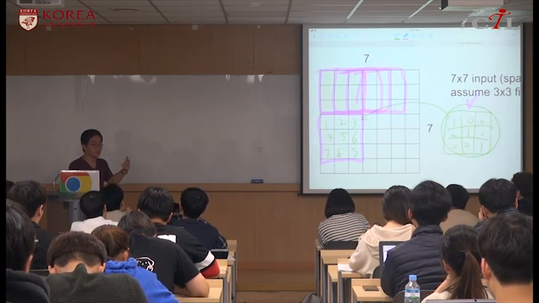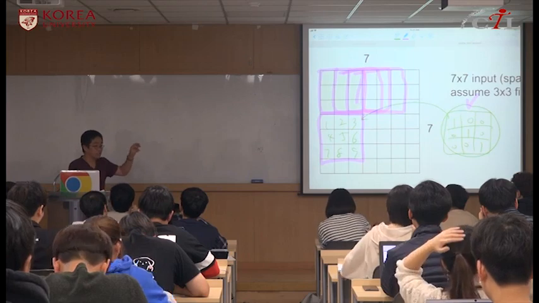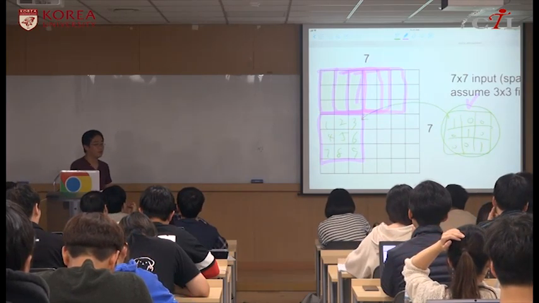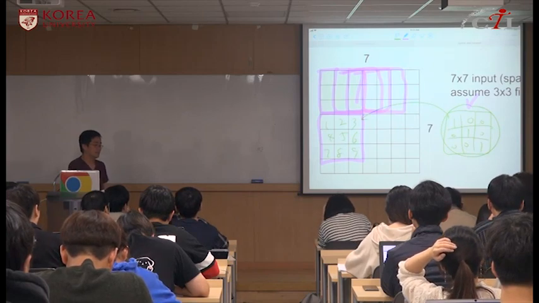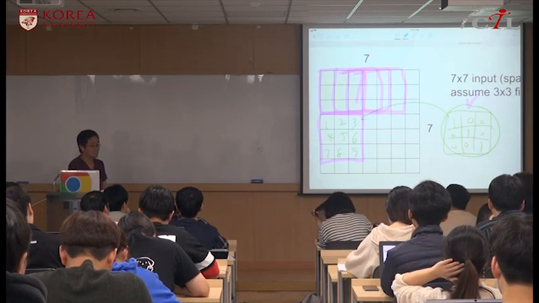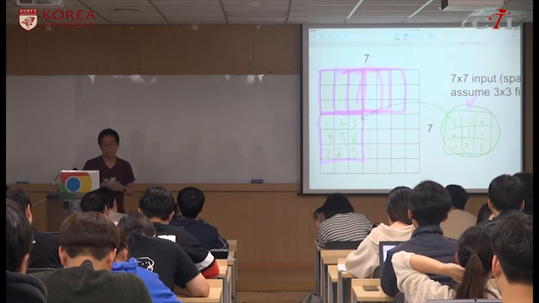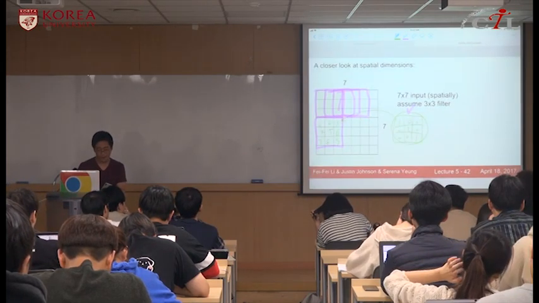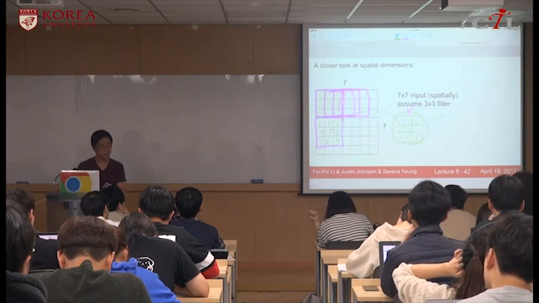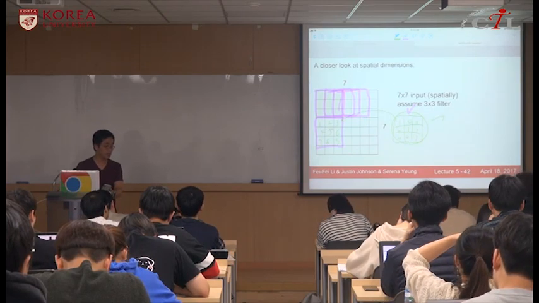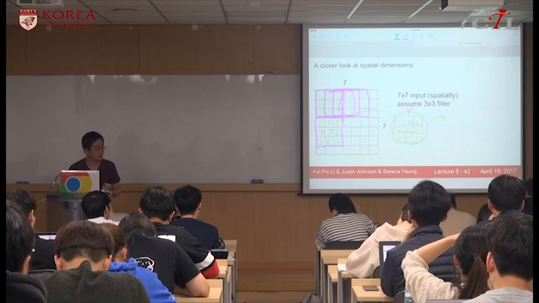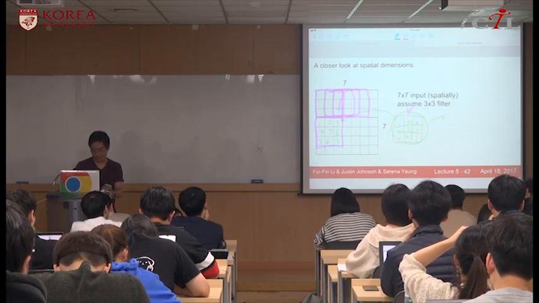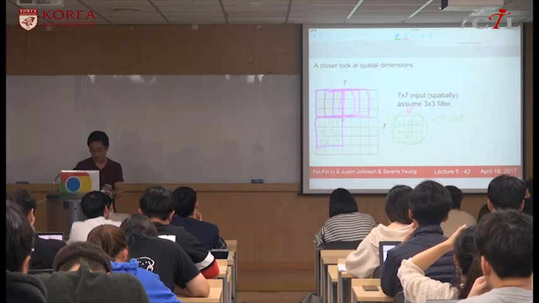So we compute the similarity at each different position and evaluate which position has the highest similarity, okay? So that way, when computing this output of the convolution, we sometimes call it the activation map, right?